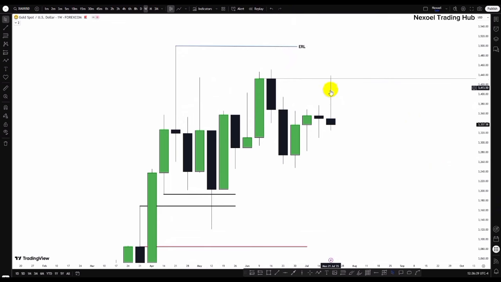Price gave us bearish rejection to the downside, seeking all of this buy side liquidity here, this candle high, this high, and now rejection to the downside. So basically now you can see the possibility of price aiming for this sell side liquidity, and in extension we have the sell side liquidity.